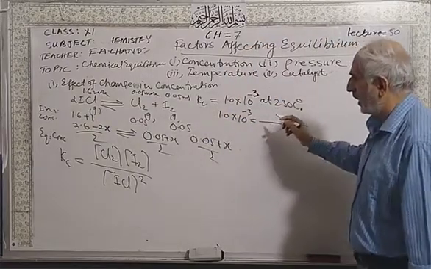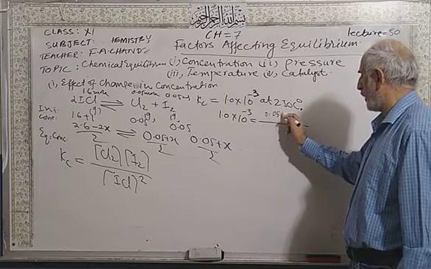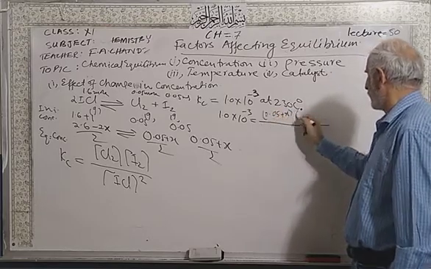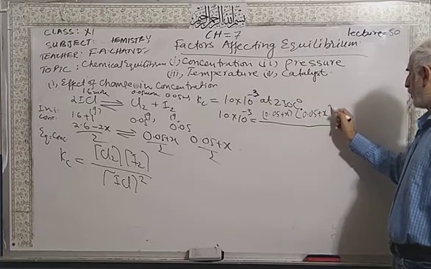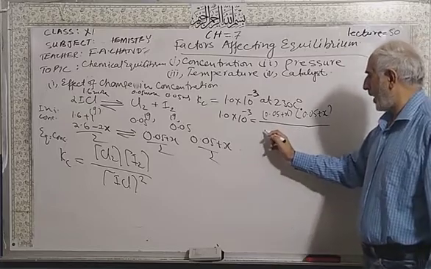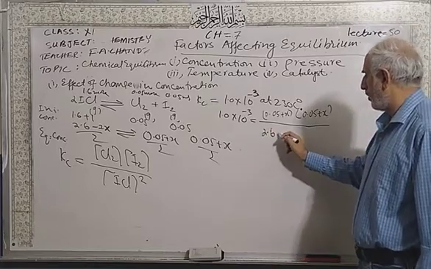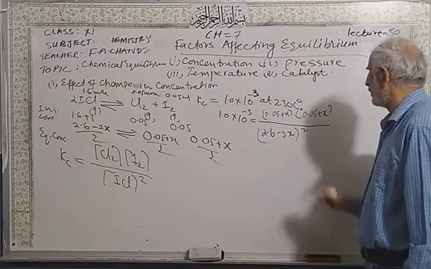Concentration of the chlorine 0.05 plus x, 0.05 plus x, and 2.6 minus 2x.